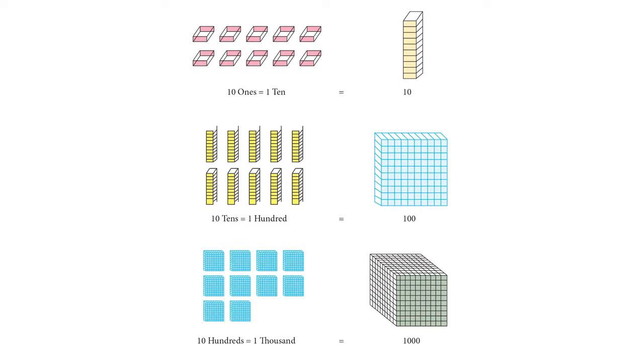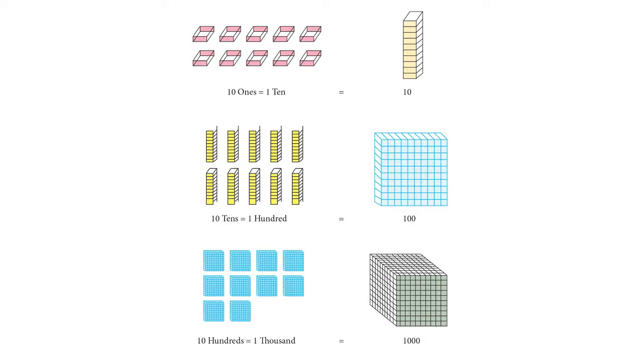Page number 51, look at the blocks. When we count the blocks, we get an answer. It's easy, we have learned this in previous chapters, but let's take a look at one or two. So, we will just revise. In the first one, we have 10 ones. You can count it, and that's equal to 10 into 1.